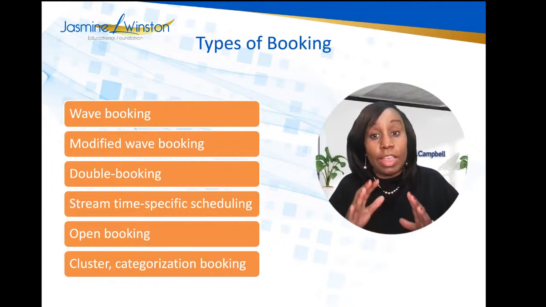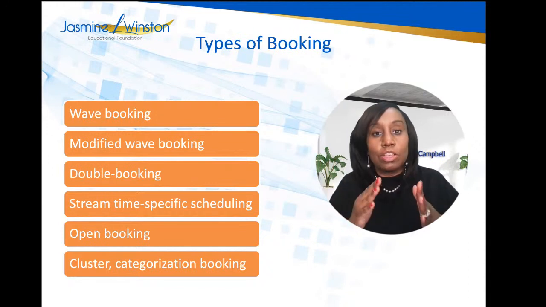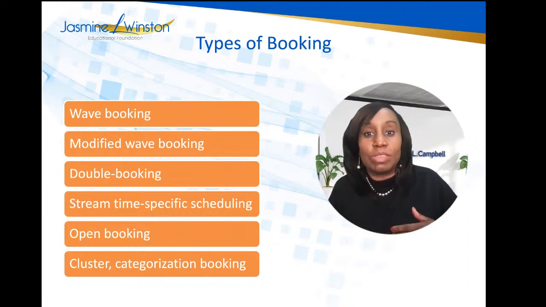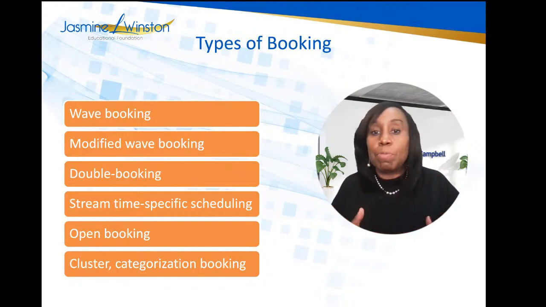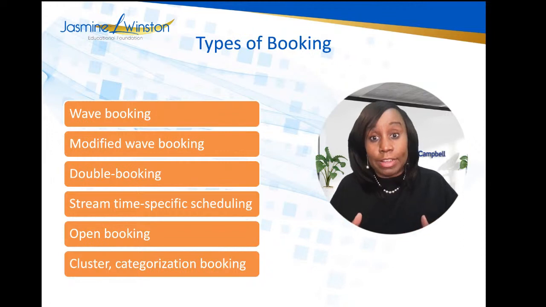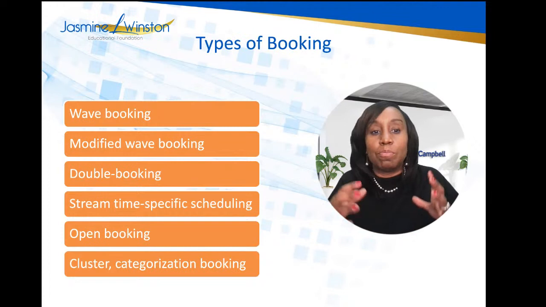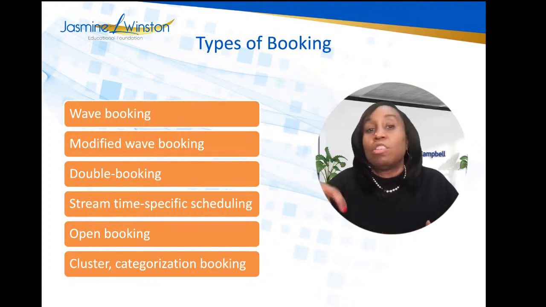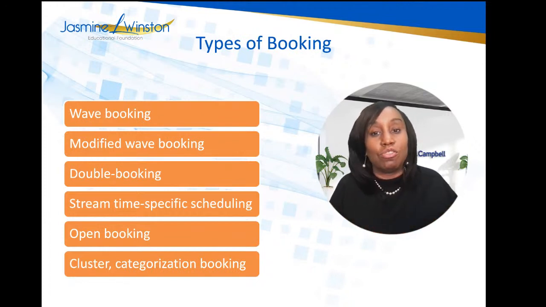Modified wave is similar, but a different variation. So with modified wave, you can have 2 patients that come at 9 and then 1 patient that comes at 9:30. And the goal is, some people are going to be on time, some people are going to be late, but the goal is that we are creating this short-term flexibility in that those who come late, we'll get them in, and then hopefully by the next hour, those patients that were on the schedule are gone.